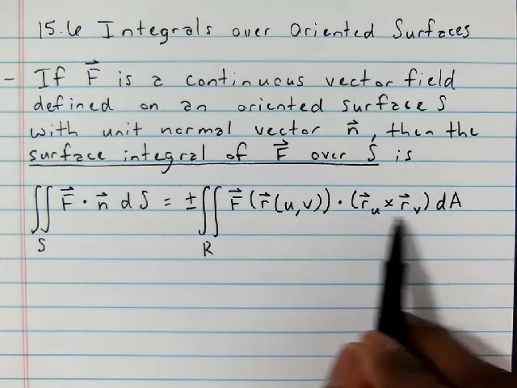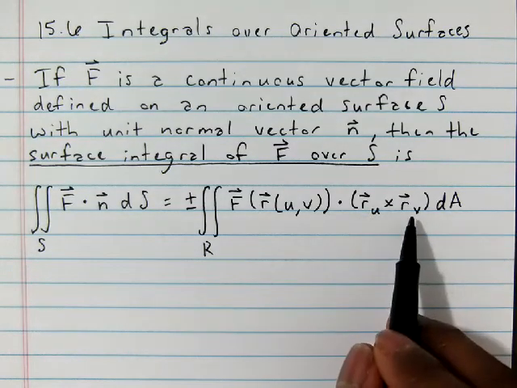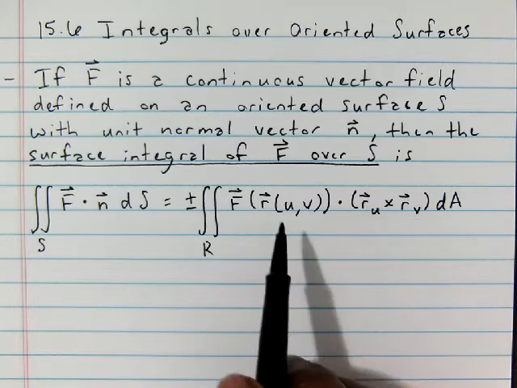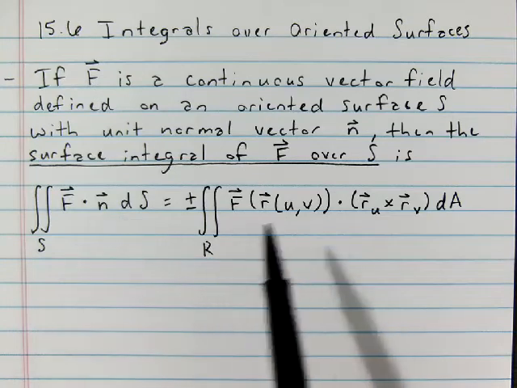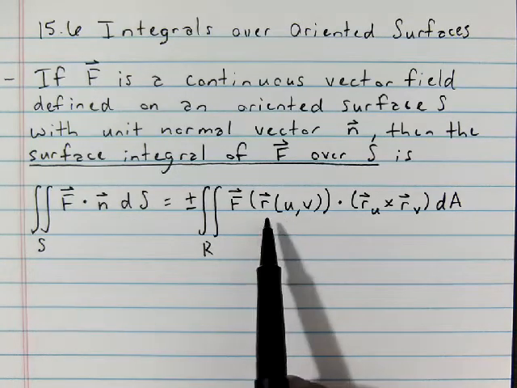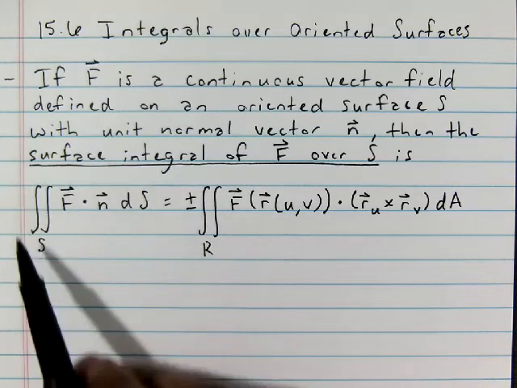So this actually is a normal vector, but it doesn't tend to be a unit normal vector though. So this right hand side of course looks the same as that, and they are equal to one another, but this is more of a notational thing than an in practice thing.